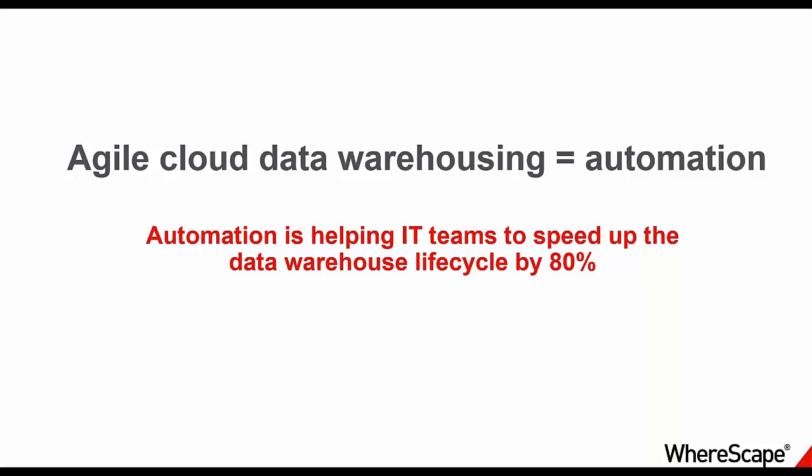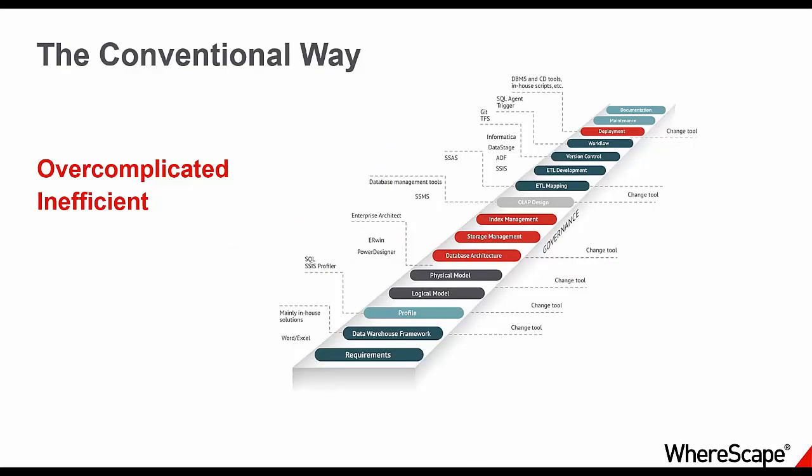I'm going to talk a little bit more WhereScape specific stuff from this point, but the principles are the same for other automation tools and also for Agile. So if we look at the conventional way of building out a data warehouse, we call this slide internally at WhereScape, we colloquially call this the staircase of doom.